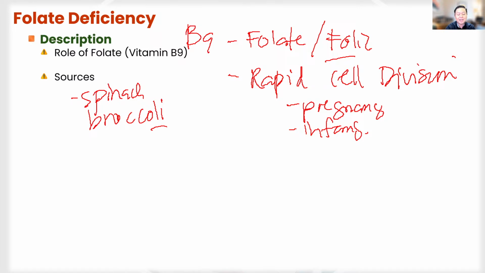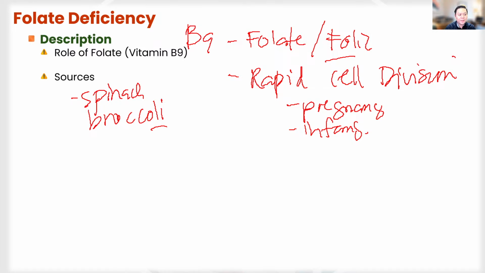So it can be easily depleted. It's not stored in the body like the vitamin B12. So again, the vitamin B9 is easily depleted if the person will not be taking a lot of the vitamin B9 in their diet. And so automatically they're going to manifest those signs and symptoms of B9 deficiency.